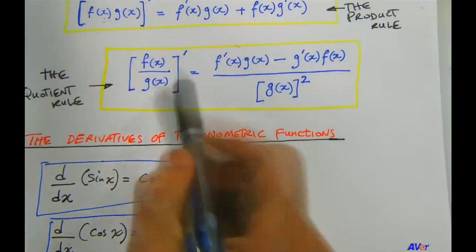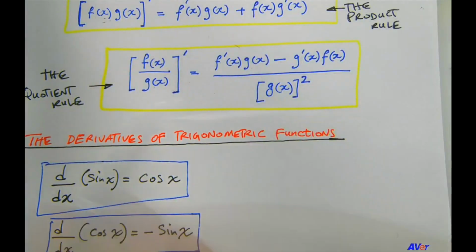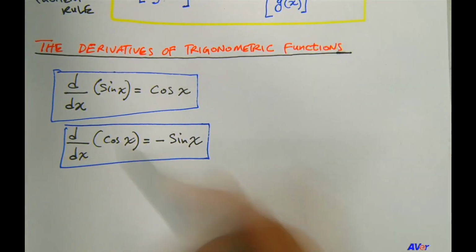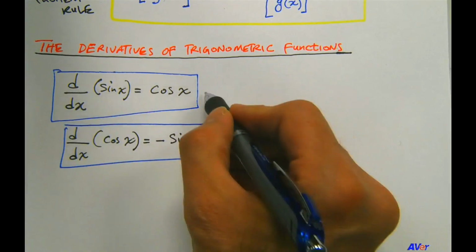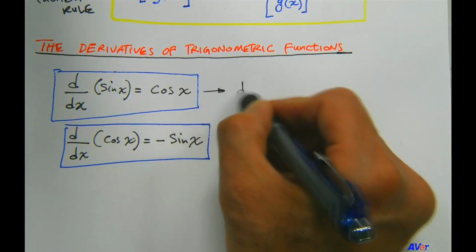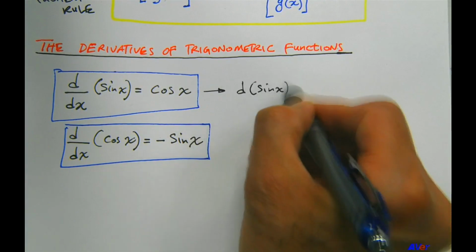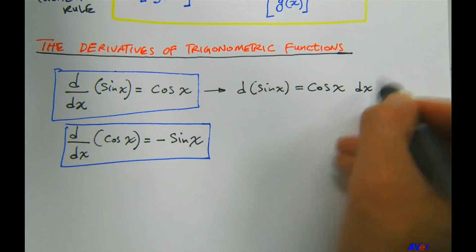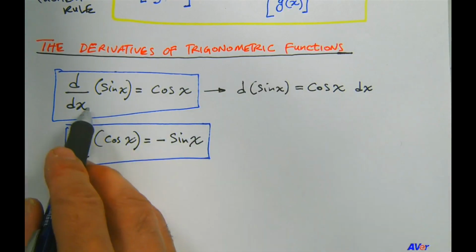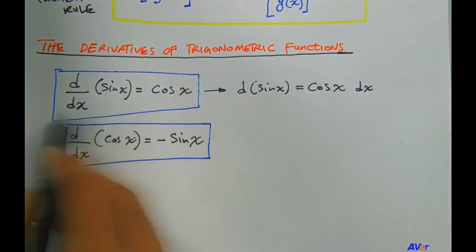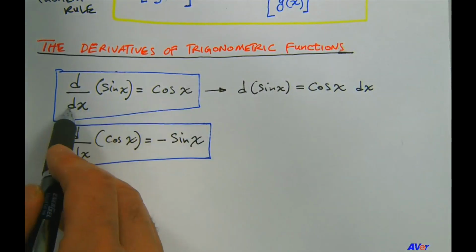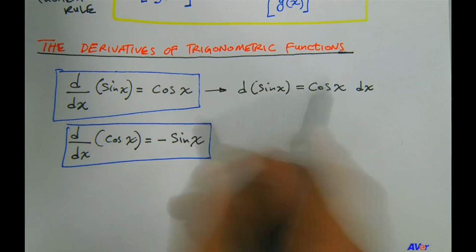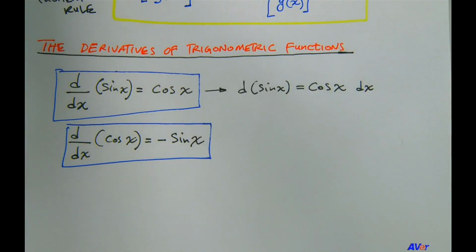It's different, of course, from this prime notation, but what you can do with this dx notation is extremely useful because you can rewrite this as the derivative of sine of x equals cosine of x times dx, cosine x dx. So this denominator, you can multiply both sides by it, and you can rewrite this expression in this way.